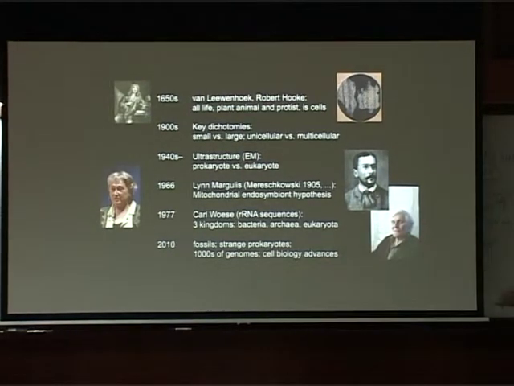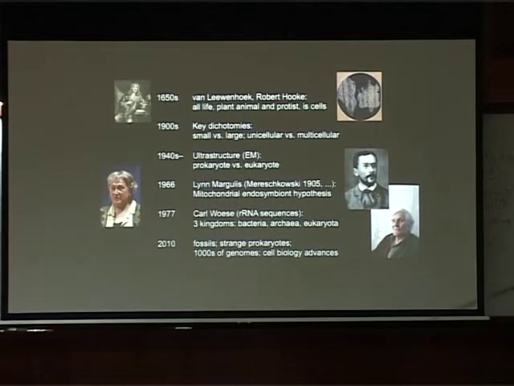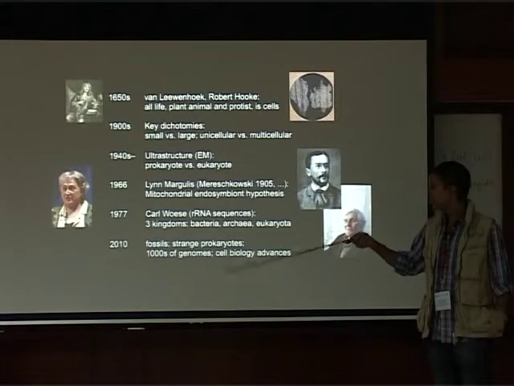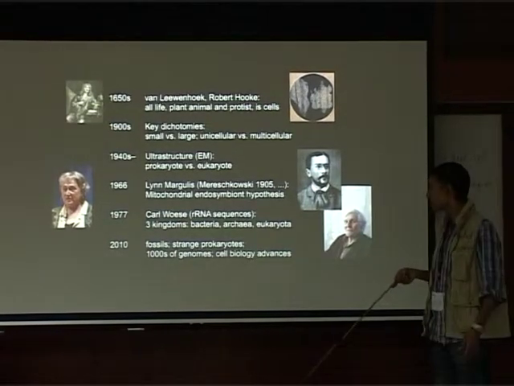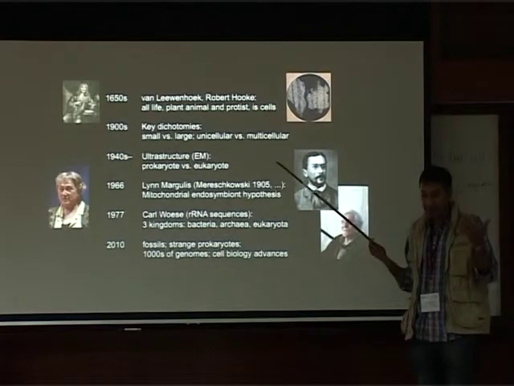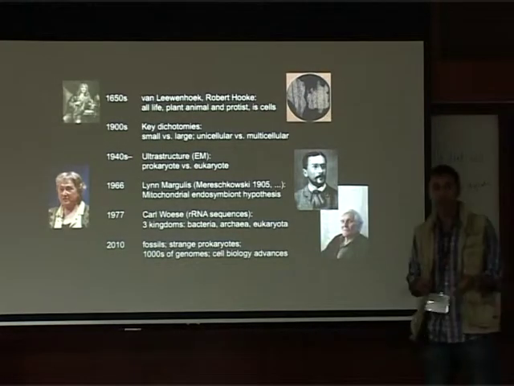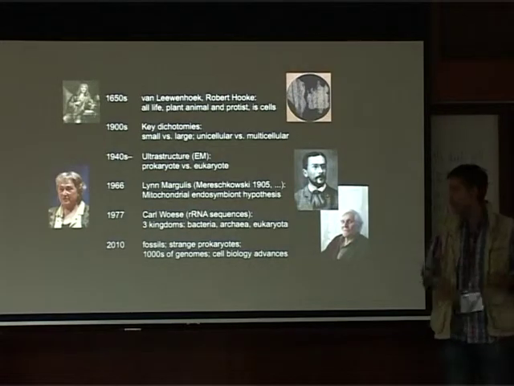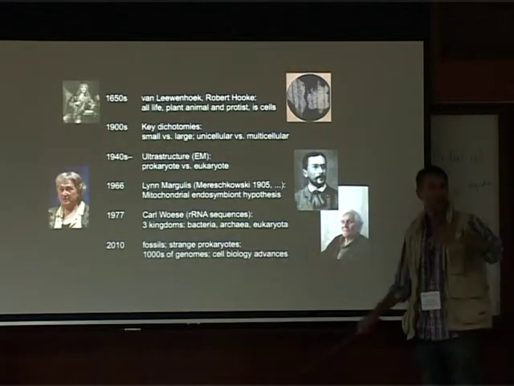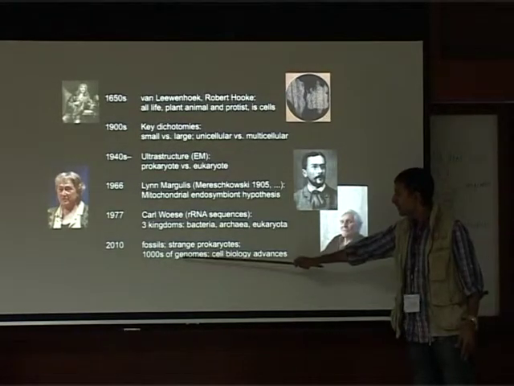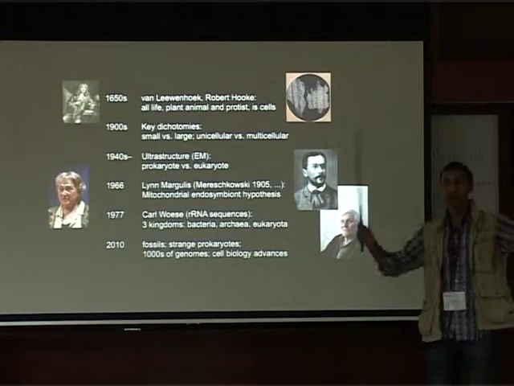So now we come to the present decade, and you can ask the why now question. Why revisit this particular question of where these complex cells came from? And the answer is sort of obvious. For the first time ever, we have data on thousands of genomes. We're not just focusing on model organisms, E. coli, yeast, mouse, and so on, but we have genomes from natural samples from the ocean and so on that really cover a lot of this diversity of biology.